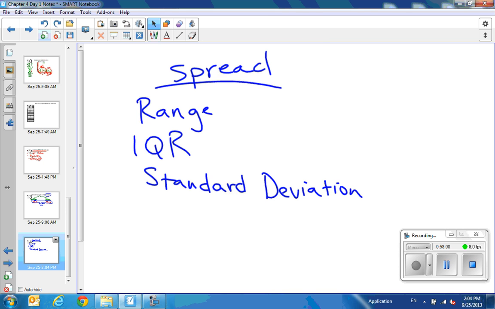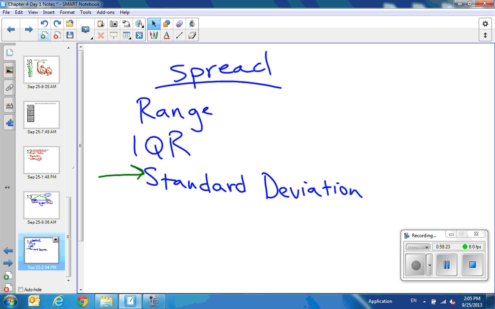We'll talk much more about this next class, since I just mentioned it. We'll talk a lot more about standard deviation next class. That'll be our main focus: what the standard deviation is, and what that even means. Let's at least talk about the 5-number summary and how you find the range and the IQR.